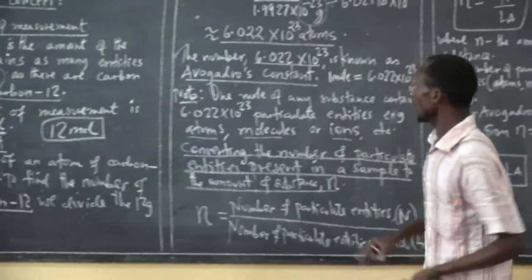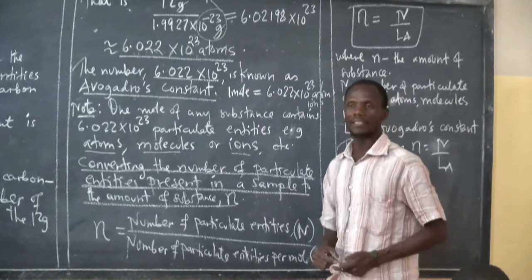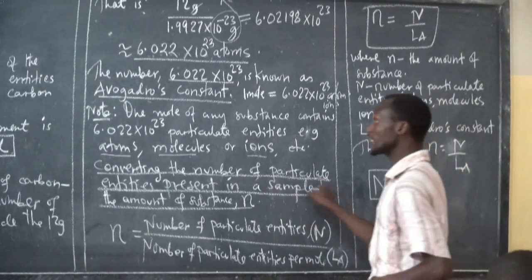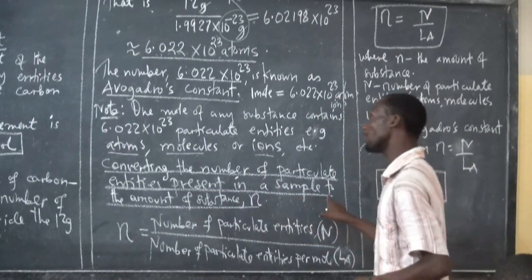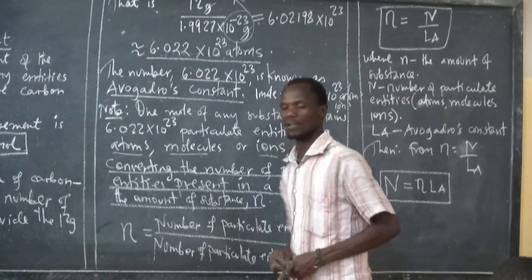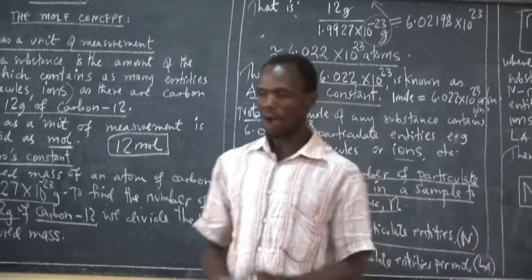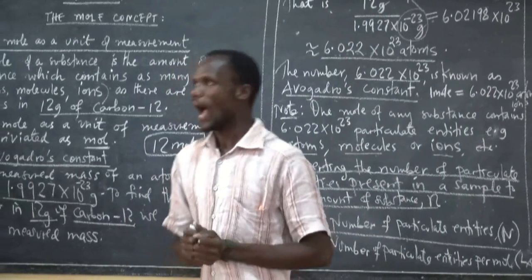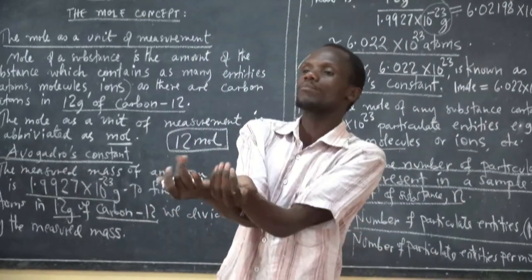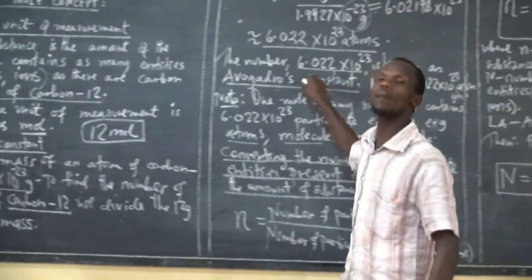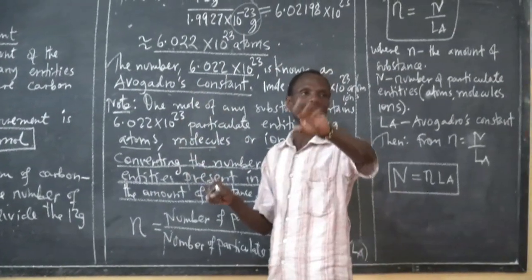Now, by using this Avogadro's constant, we are capable of converting the number of particulate entities present in a sample to the amount of the substance. I have my sample in my hand. I just want to know how many atoms are there in my hand. I definitely use this concept to determine how many atoms are there.